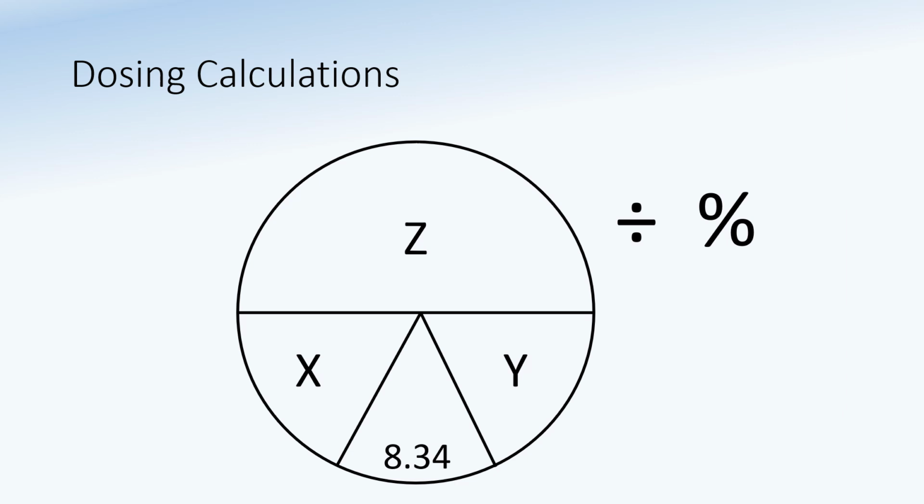So for your X, typically you're going to put in either your million gallons or you could populate that with your parts per million. And then for Y, you would do the same, but the reverse of whatever it was. And then 8.34 is the weight of 1 gallon of water, so that's going to be a constant. Your Z is your pounds of chemical, whatever it is you're dosing.